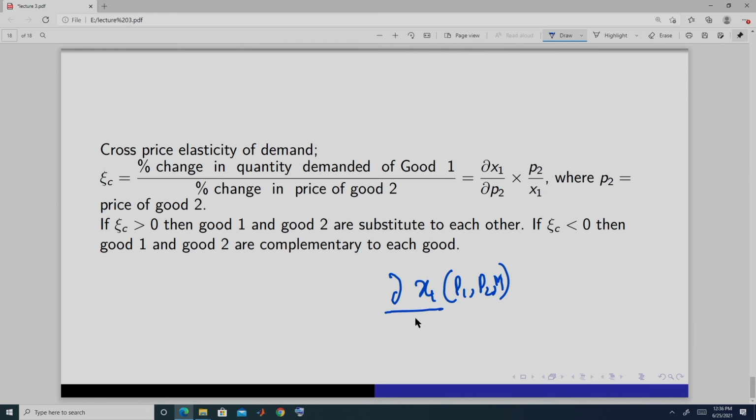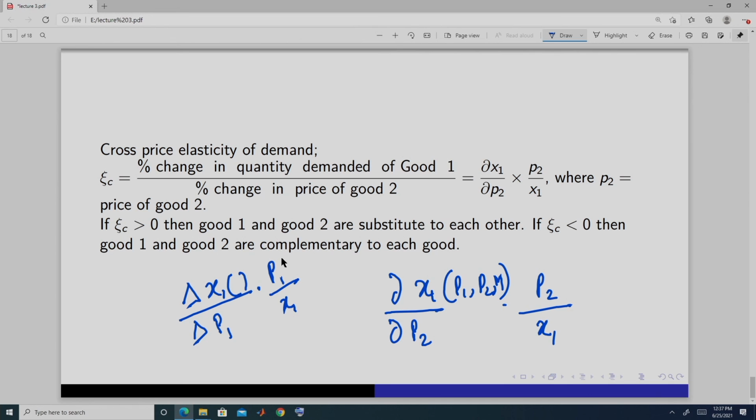Then we take the derivative, partial of x1 with respect to P2, multiplied by P2 divided by x1. Or in terms of differences, it will be the difference in x1 divided by the difference in price of good 2, or we can take the average of these prices. So this is going to be positive when we have substitute goods, and this is going to be negative when we have complementary goods. Okay.